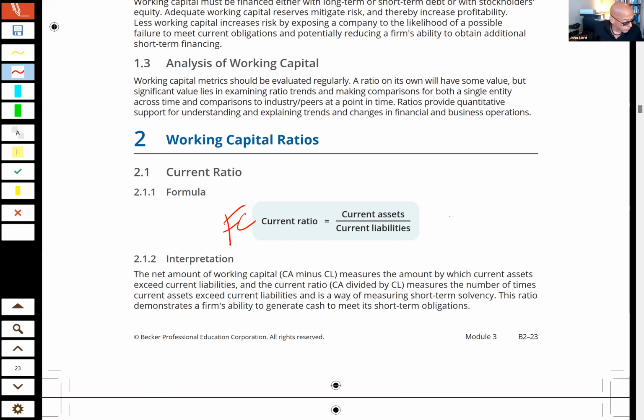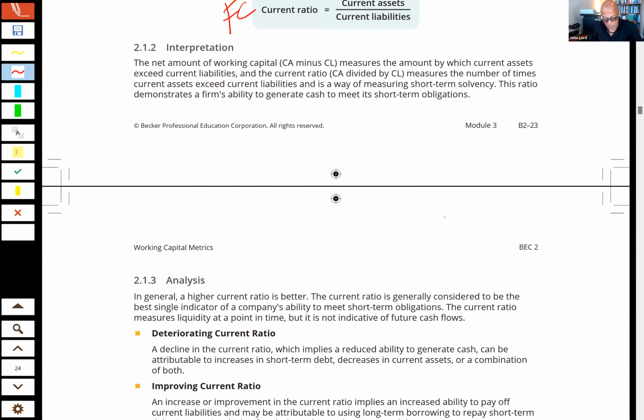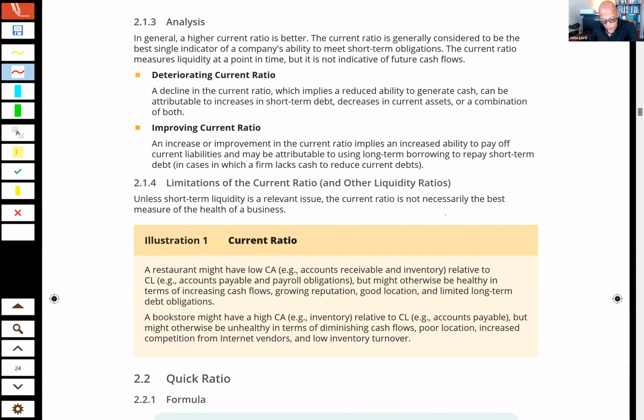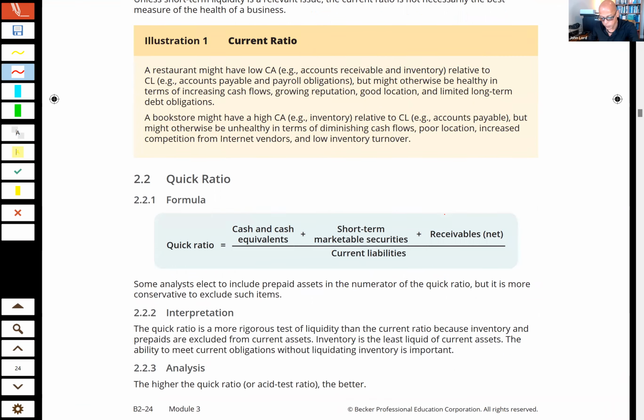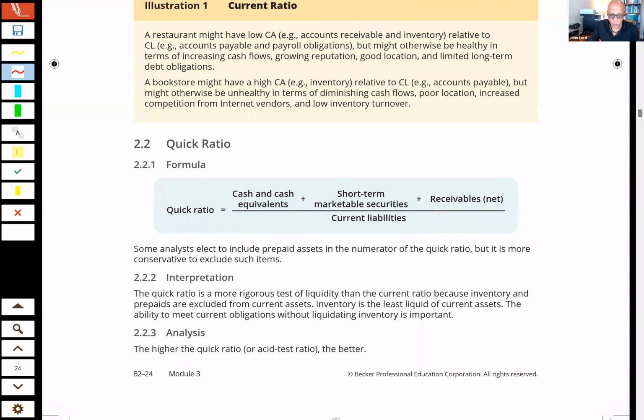Okay, so continuing with that theme, we talk about the quick ratio. Now, quick ratio is a more critical measure of the company's solvency. Notice current liabilities are still in the denominator, but when we get to the numerator, we start excluding certain current assets.